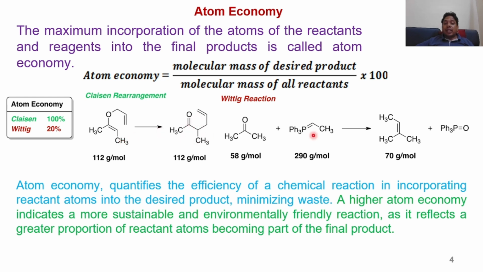When it comes to the Wittig reaction, here 58 grams per mole and 290 grams per mole are the two reactants involved in the reaction, but the product is just 70 grams per mole. So there is a wastage or byproduct formed in this reaction. It is not 100% atom economy, and the yield is just 20% of the reactant molecules.